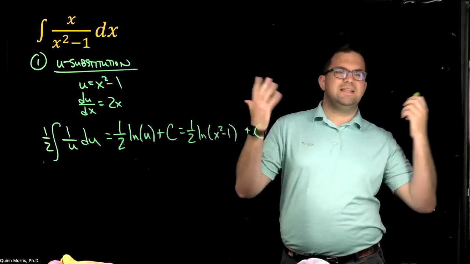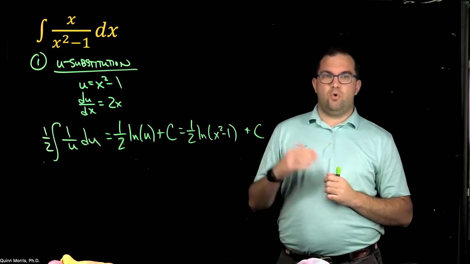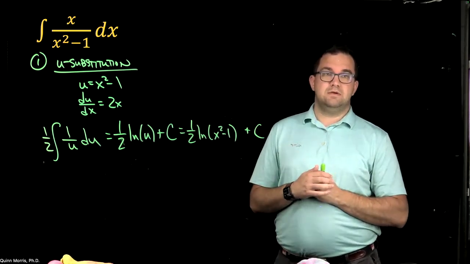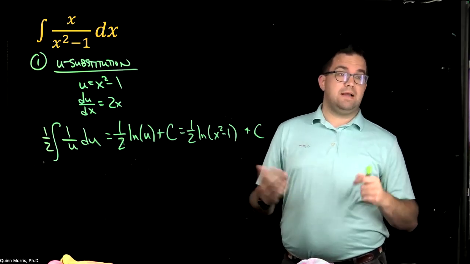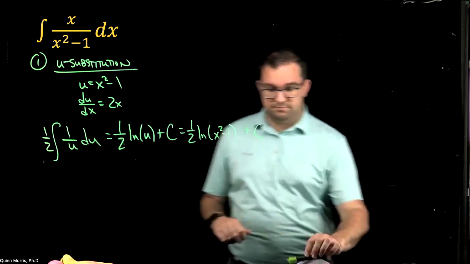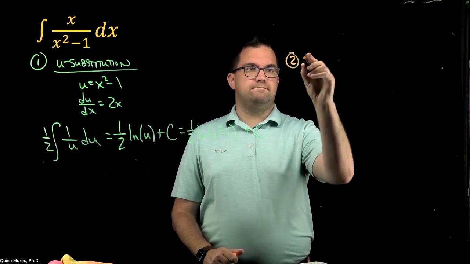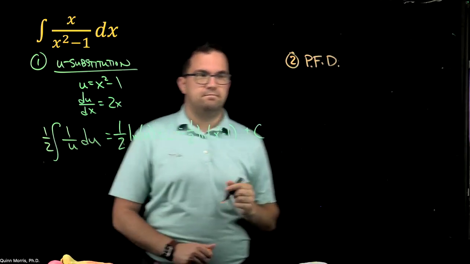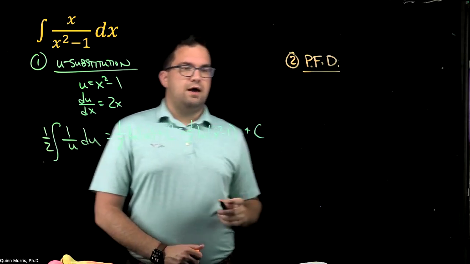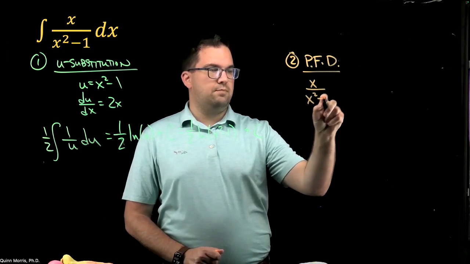But let's say for some reason I didn't see the u substitution, okay? And so then I sort of walk myself into the next method, and I say, well, this is a rational function. Maybe I could do a partial fractions decomposition. Now, I'm going to sort of give away part of this here.